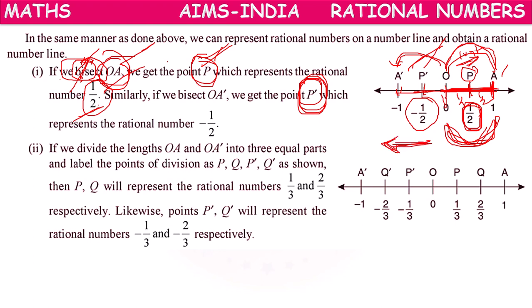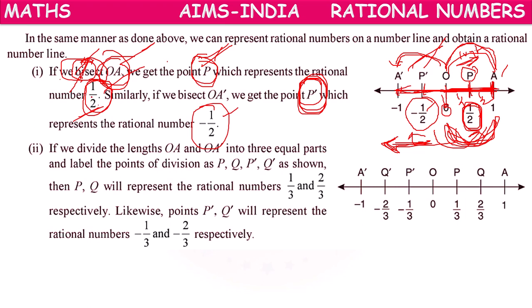Whatever values are on the left hand side of 0, all will be negative. So we take it as minus 1 by 2. On the right hand side 1 by 2, on the left hand side minus 1 by 2. Like this, we can represent positive and negative rational numbers on the number line.